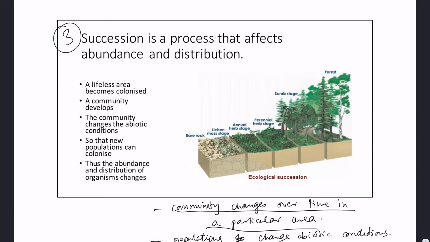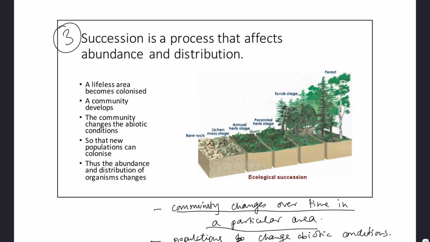So by species A being there, species A changes the conditions. Species A changes the conditions, which means that species A can no longer survive there. However, species B can survive there, so species B replaces species A. Then species B starts to change the conditions, makes it more colonizable by another species, species C, and in doing so, species B can no longer survive there, whereas species C can.